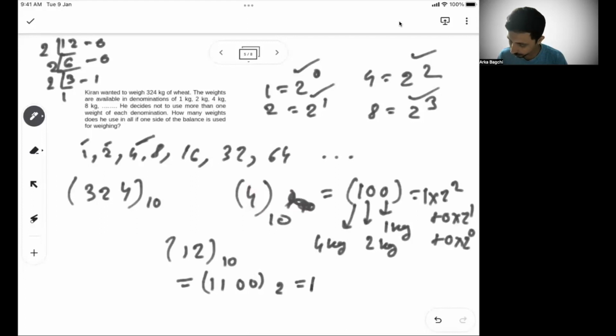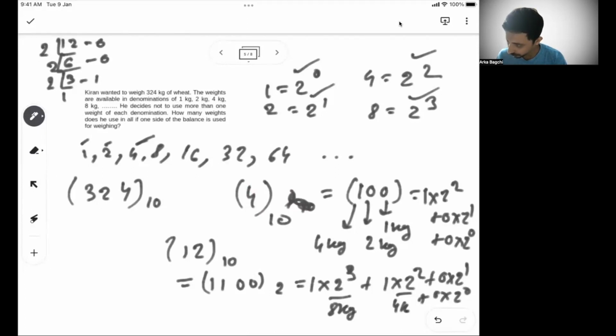That means he has to use 1 into 2 to the power 3 plus 1 into 2 squared plus 0 into 2 to the power 1 plus 0 into 2 to the power 0. So he needs to use the 8 kg weight and the 4 kg weight. He will not use the 2 kg weight, because this is 0, and the 1 kg weight, which is also 0. So you use the 8 kg and 4 kg weights.